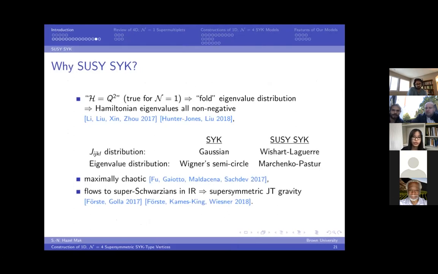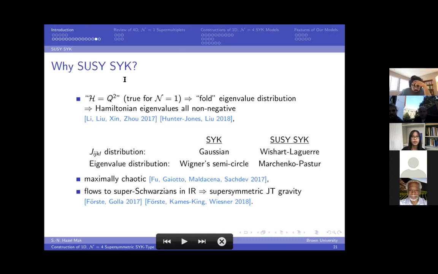So I've revealed a lot about supersymmetric SYK models in the literature, but I just want to mention a few words on why we are interested in supersymmetric SYK. There are several reasons. The first one is that the distribution of the coupling is different.